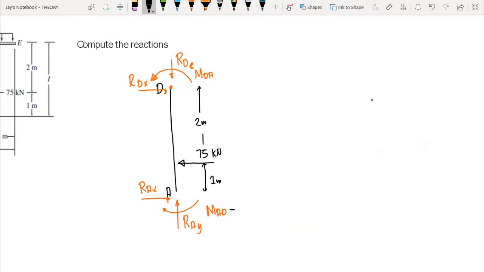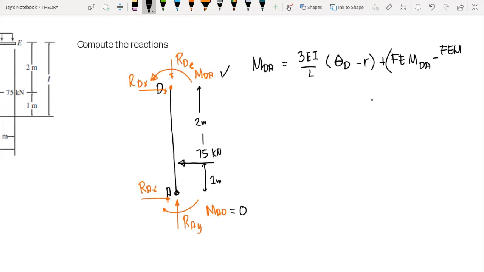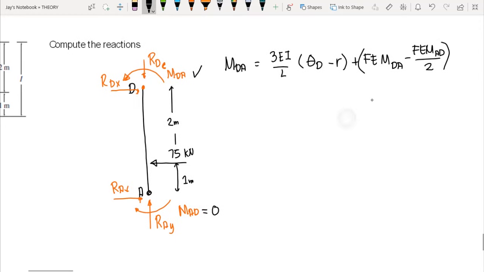However, guys, our MAD here is equal to 0 because we have a hinge at point A. Therefore, we can use the modified slope deflection equation on MDA. So we have MDA equal to 3EI over L times theta D minus R, plus the fixed end moment of DA minus the fixed end moment AD over 2. So this is the modified slope deflection equation.